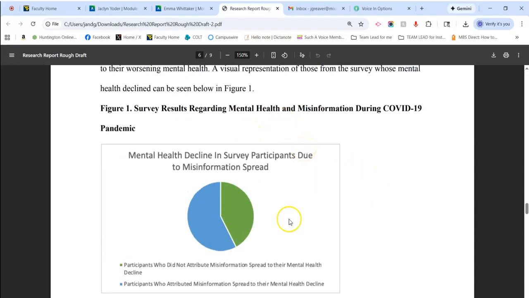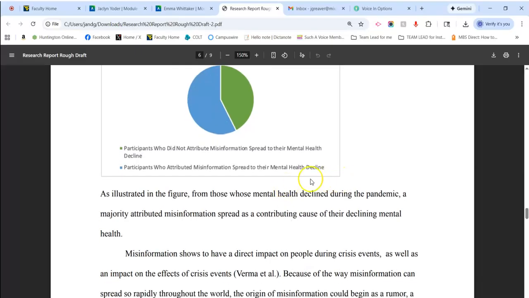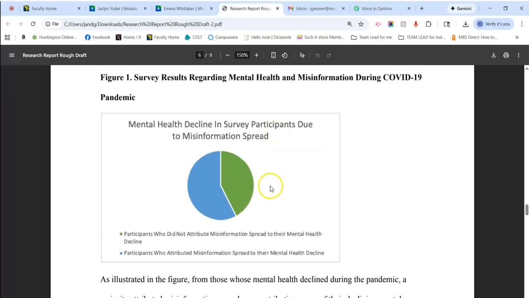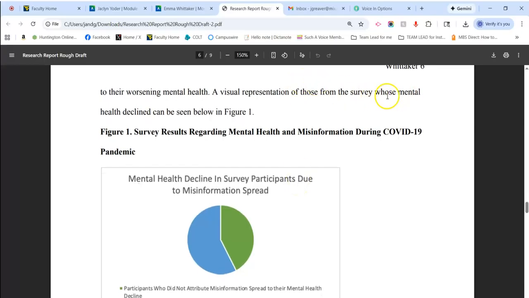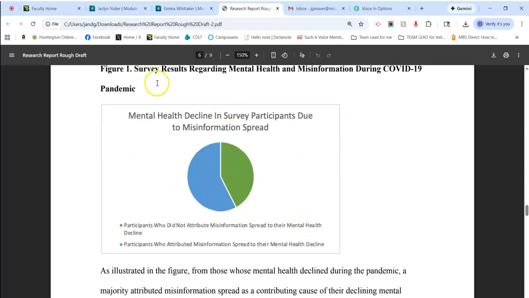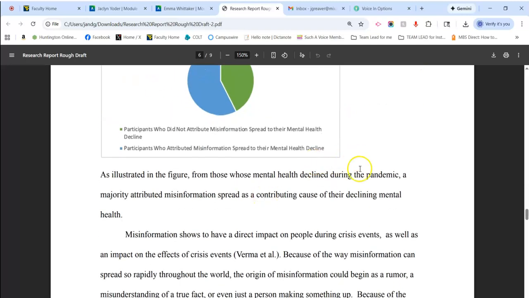So if this came from a source, you need to cite the source with the full citation below along with that. Now, if you created this yourself, which I'm guessing maybe you did since it comes from the survey, then you would do everything I just said, but when you get down to the source, you would put data source, but instead of a full citation, you would just put something like created by author, meaning yourself.